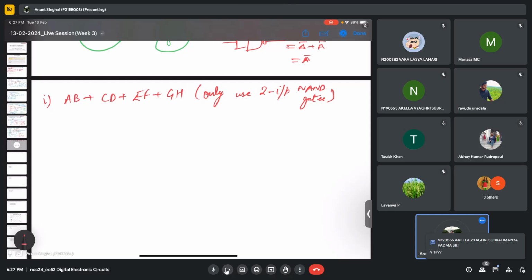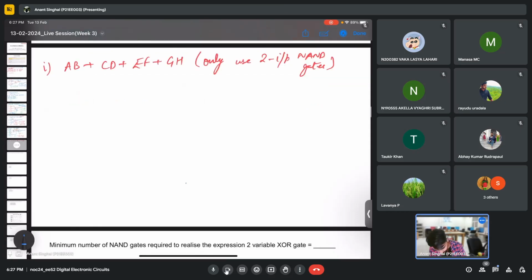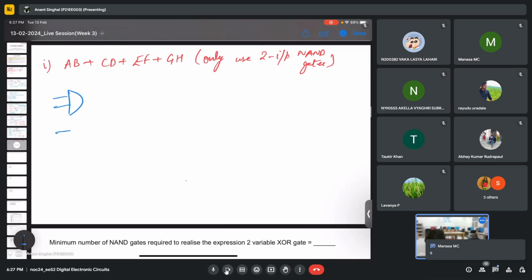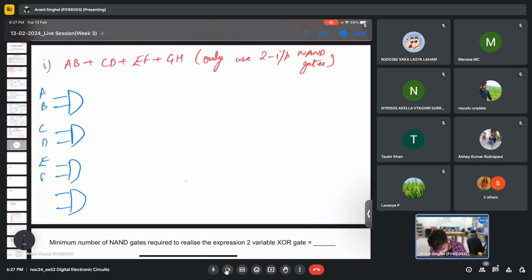Yes, I've got an answer as 9. So let me quickly do it. So we have AB, CD, some are saying 8. Let's see. A, B, C, D, E, F, and this is GH.